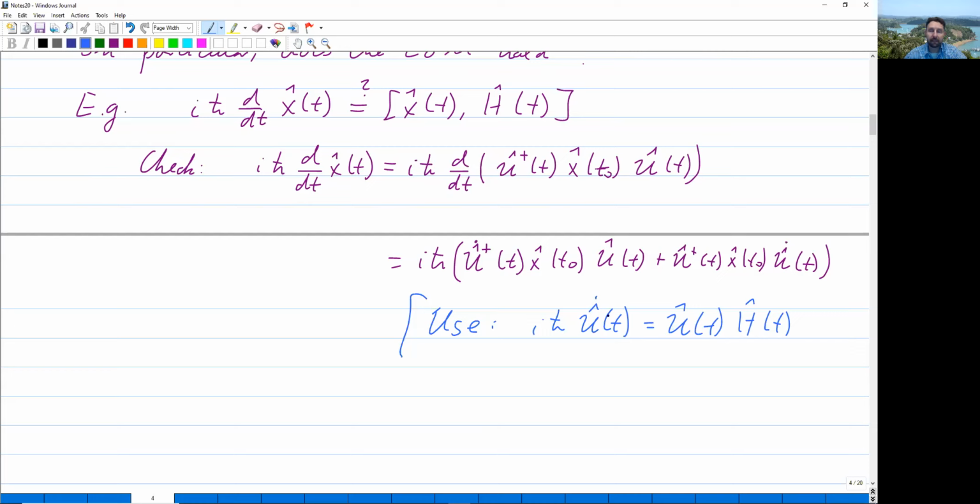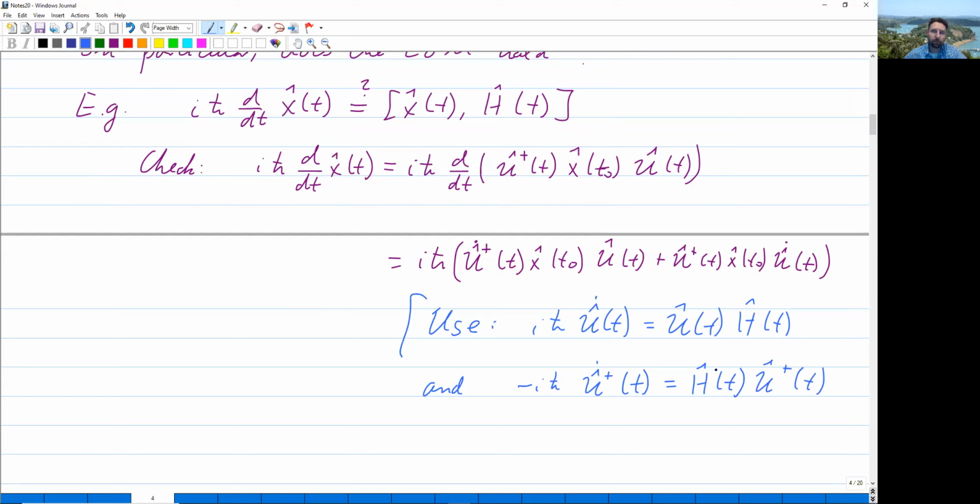And if we take the Hermitian conjugate of that equation, we obtain minus i h bar u hat dagger dot of t equal to h hat of t and u hat dagger of t.